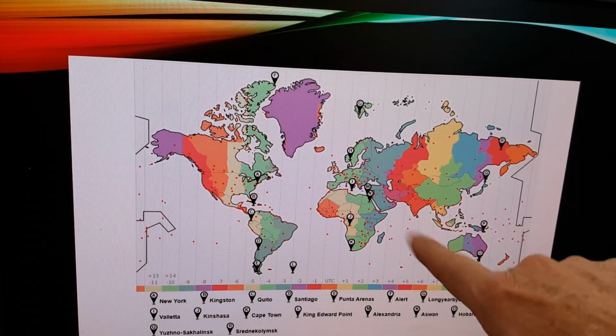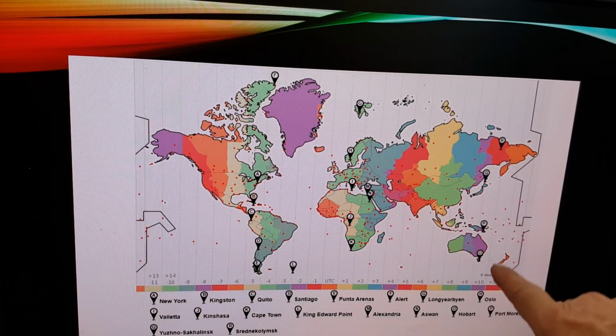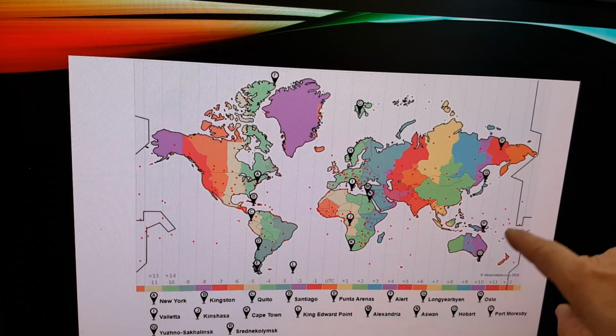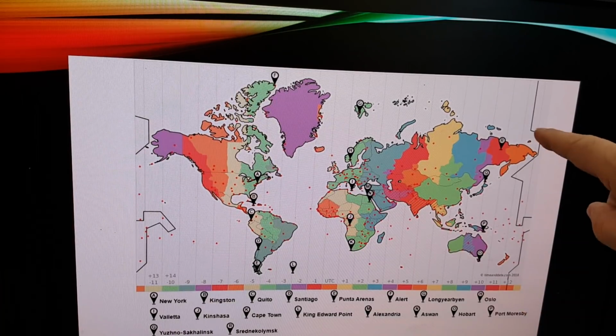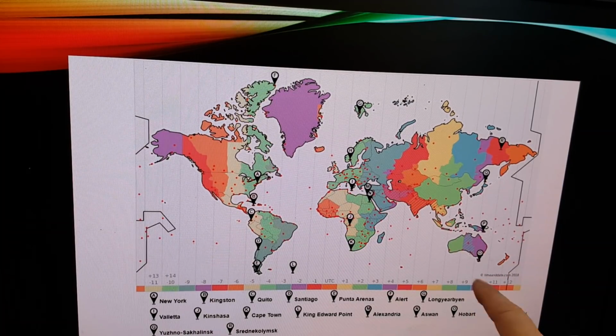So I just included those for continuity. Then over here is my Asia and Australia line, starting up in Russia and down to Hobart, Tasmania. I also added in down low, down here you can barely see it, the site in Australia, I mean Antarctica, sorry.